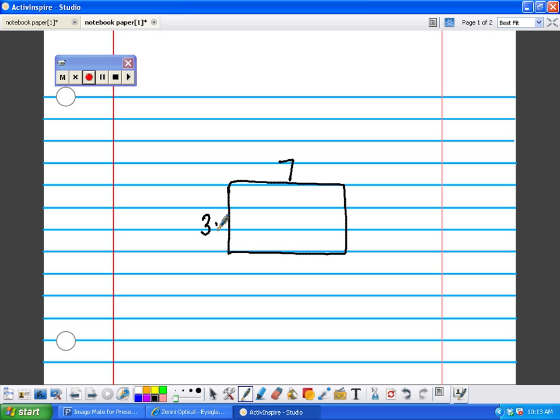Hey, Odalise, come tell me what I need to do here. Come on up. First of all, I need to put something right there. What do I need to put there? Good. Times sign. How do I find my area? Length times width. What's the length? 3.